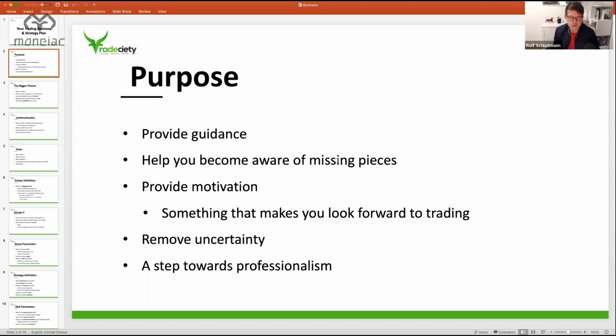And it's a step towards professionalism. You can tell quickly if a business doesn't have a business plan, it's tough. If a trader doesn't have a trading plan or a trading business plan, it's also very tough to make money.